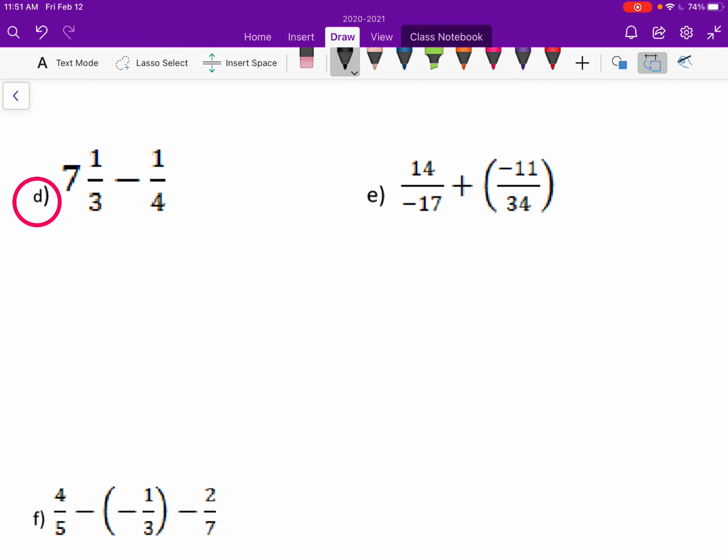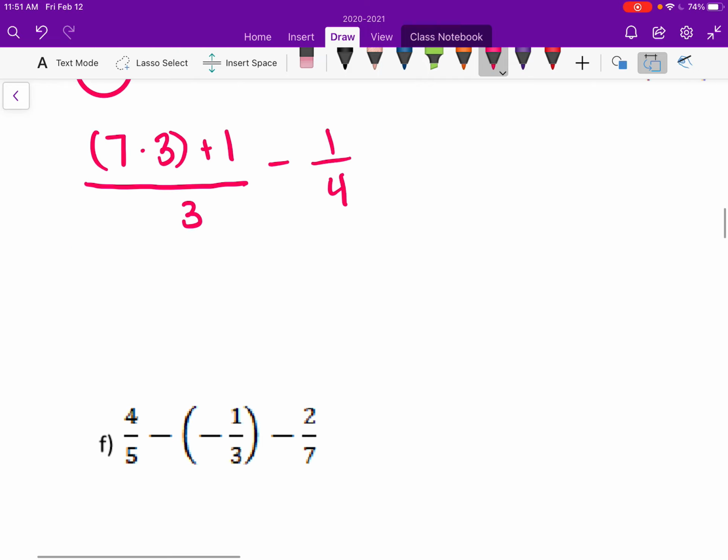Okay, so following those steps, let's try to do number 7. Let's change everything to an improper fraction so that I can actually do it. So 7 times 3 plus 1 over 3 minus 1 over 4. 7 times 3 is 21 plus 1 is 22 over 3, minus 1 over 4.